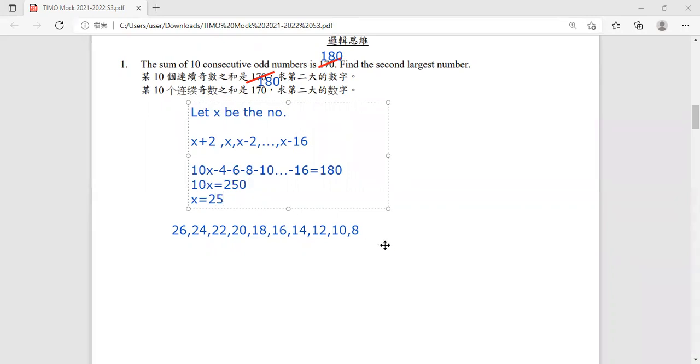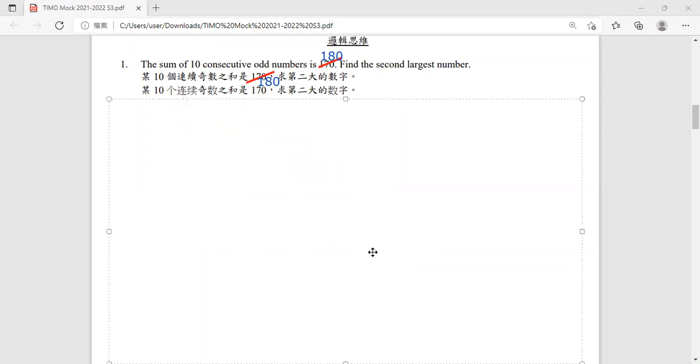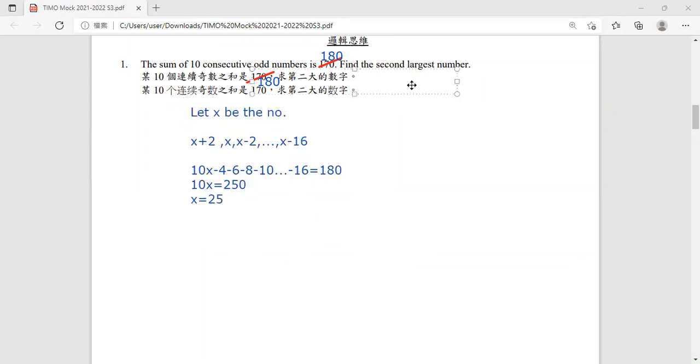It's okay because it's consecutive odd numbers. Please don't concentrate on the answer. You concentrate on the method. Please concentrate on the method. It's okay.